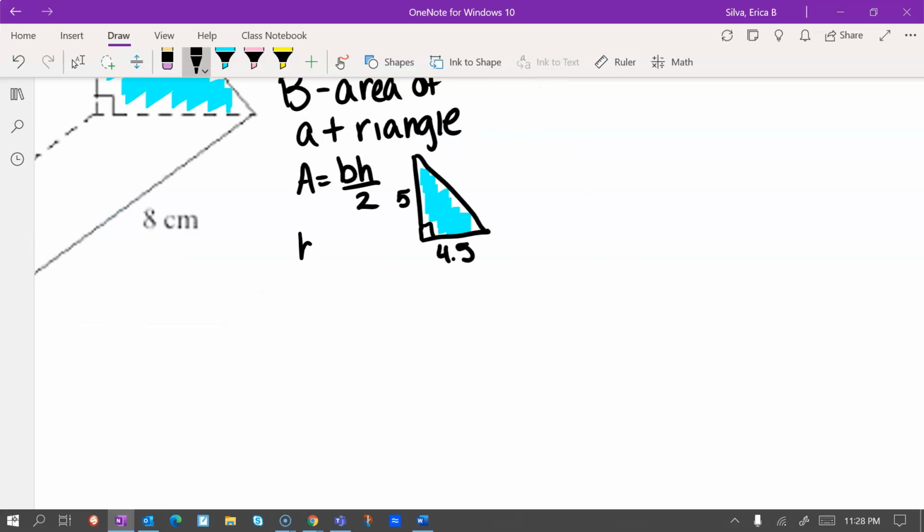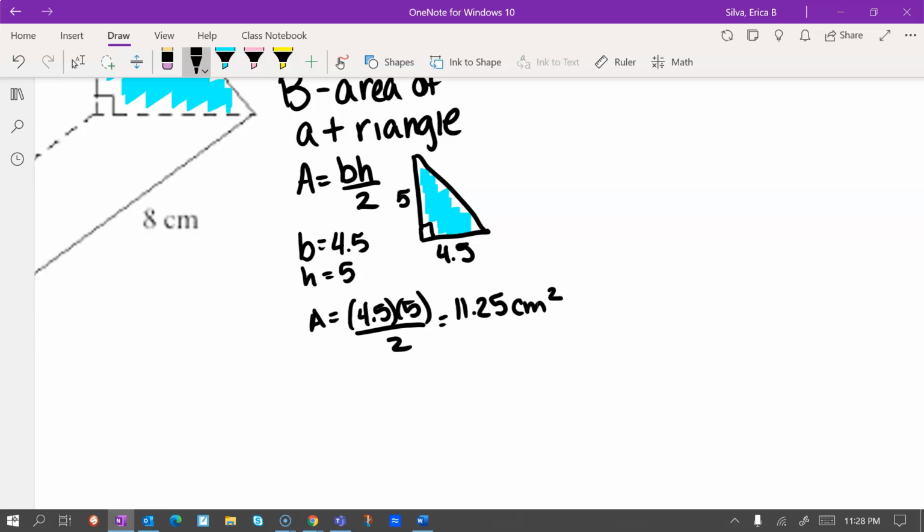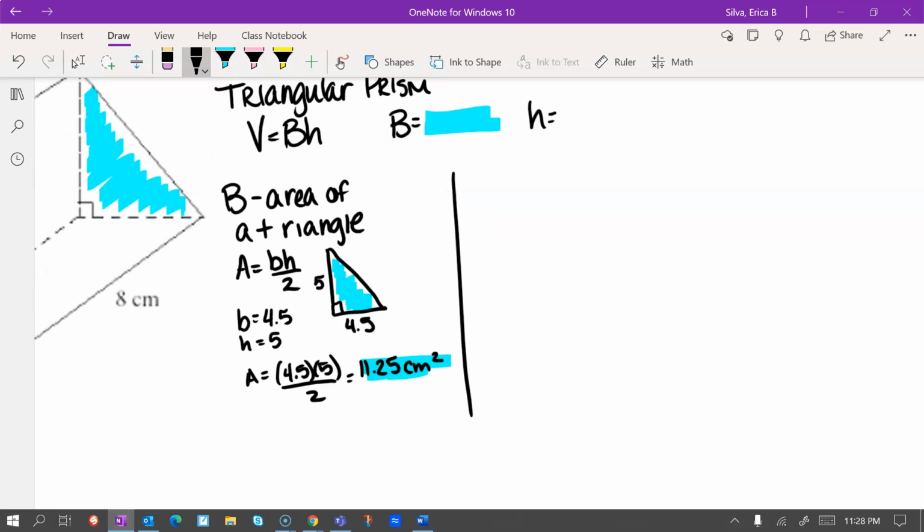And let's apply the formula. Our base is 4.5. We need our H, which is 5. And then we plug it in. 4.5 times 5 divided by 2 gives us an area of 11.25 centimeters squared. So now we have our capital B as 11.25 centimeters squared.